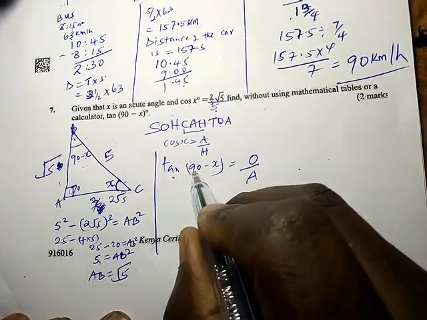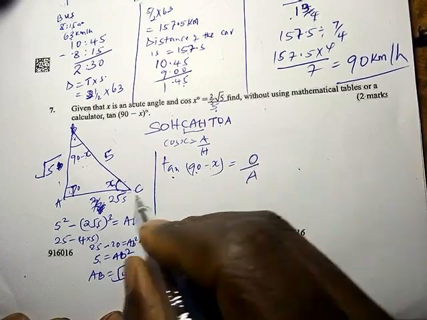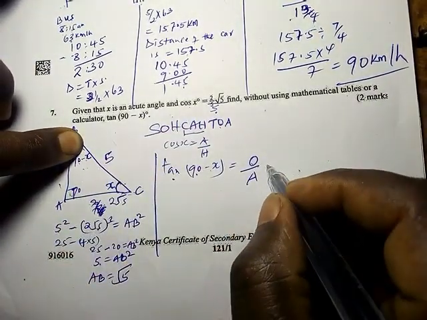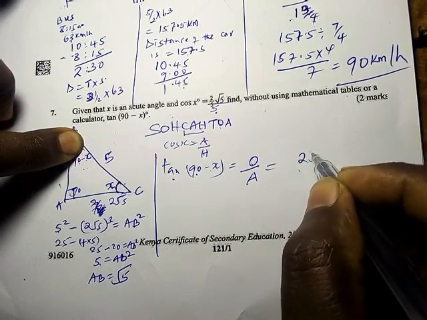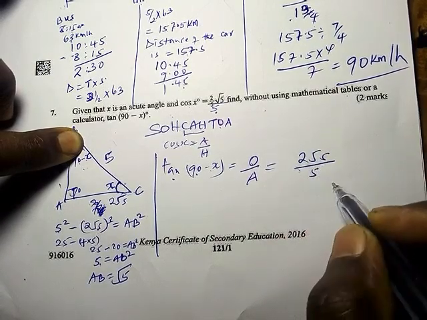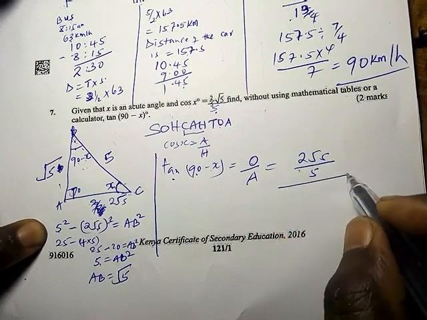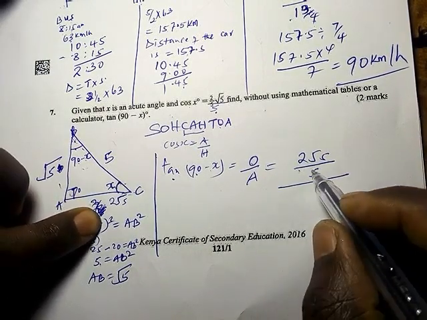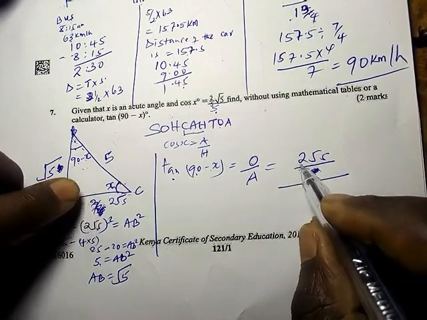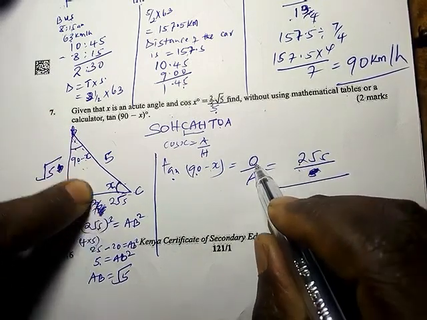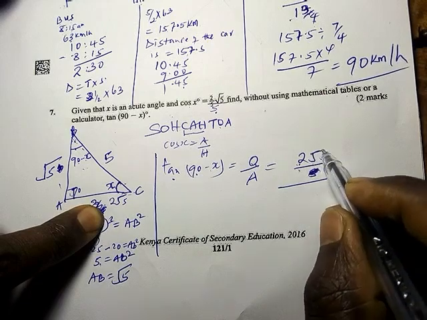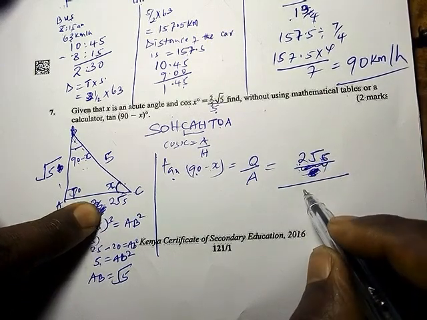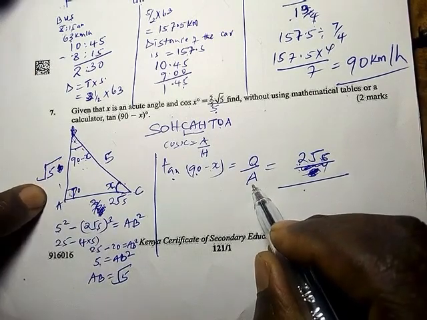Now we want tan of 90 minus x, which is opposite over adjacent. When you are standing here, the opposite is 2 root 5, then we divide by the adjacent, which is root 5.